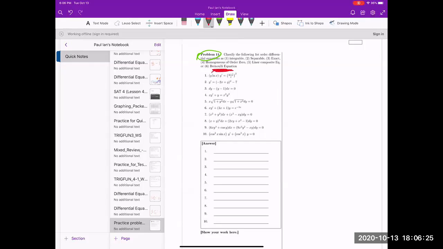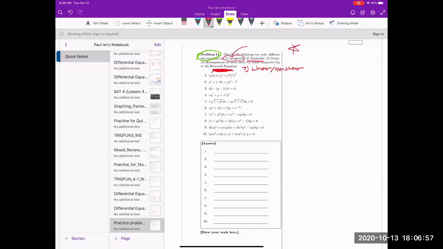This one we didn't see yet, the integrable, separable. So it's actually 7 things, and I need a lot of help with a good way to identify which equation fits which of the 7.